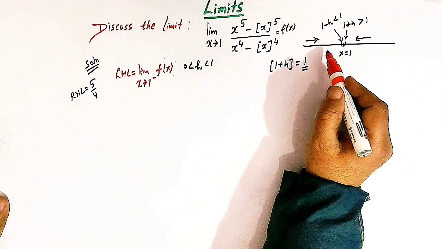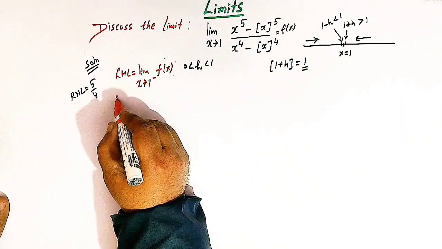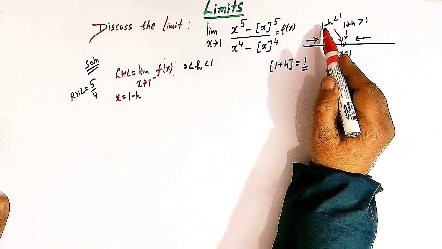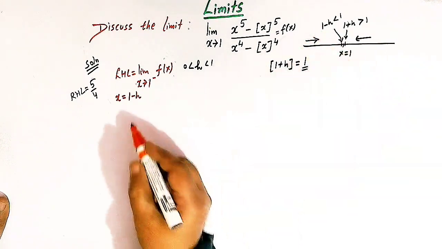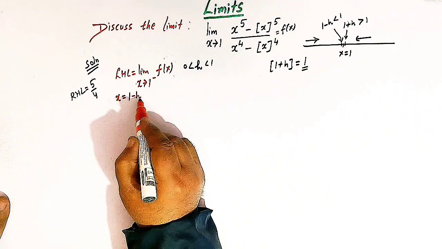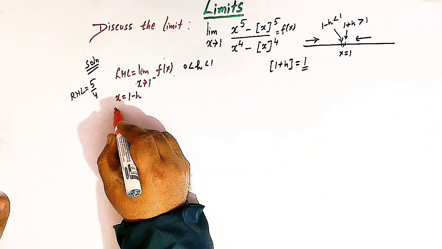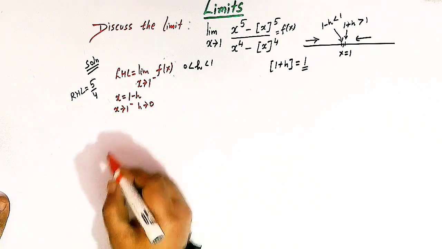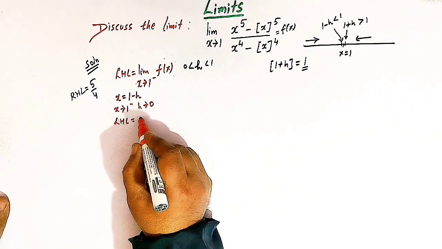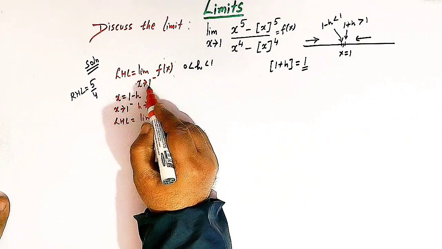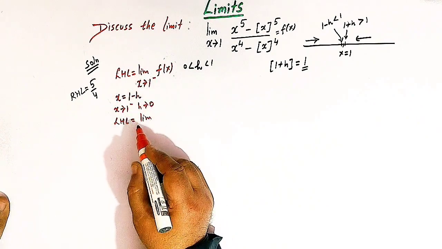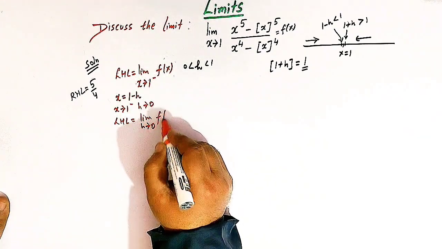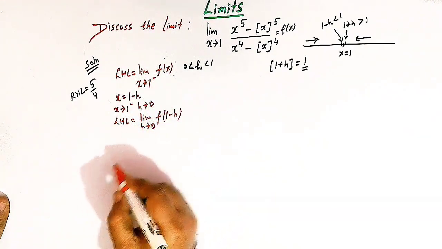When we calculate the left hand limit, we take x equal to 1 minus h, as we have already explained here. So when x tends to 1, then h tends to 0. So now the left hand limit is the limit x tends to 1 minus, which may be replaced by h tends to 0, of f of 1 minus h, right?